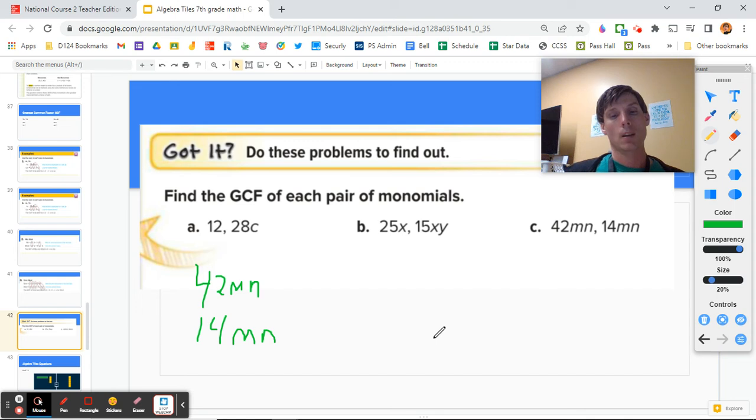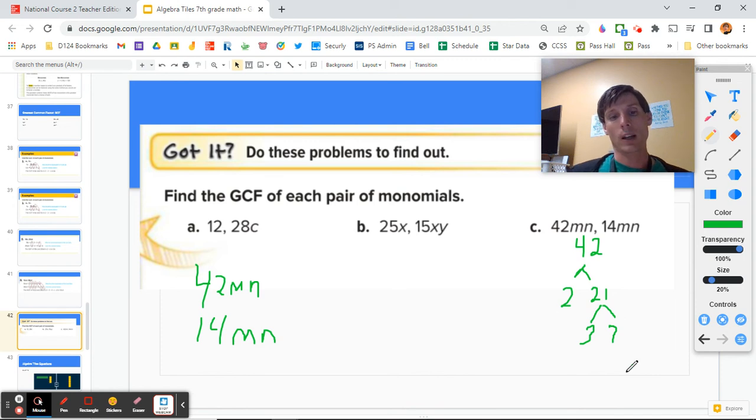I'll have to do 42 out here, just a little bit longer. Again, I like to start with an even number, but you don't have to. You can start with 6 and 7 and break it down from there, but I'm just going to go with 2 and 21. 2 times 21. Factors of 21 include just 3 and 7. 7 doesn't have any factors besides 1 and itself, neither do 3 and 2.